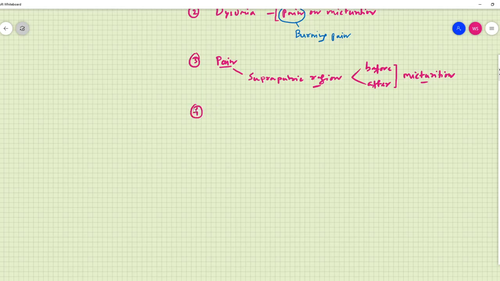And the other presentation is an intense desire to urinate. This is attributed to the inflammation of the inner wall of the bladder.